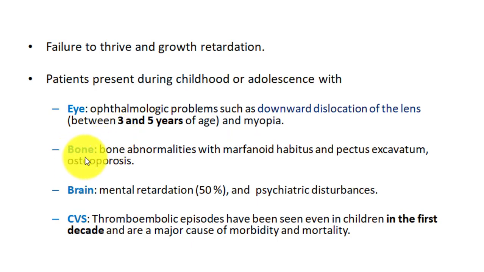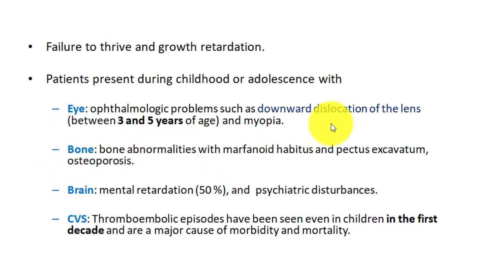In bone, there will be osteoporosis, and the patient will have a marfanoid habitus. Marfanoid habitus means the body will be long and thin, and the chest will have pectus excavatum. These findings are very similar to Marfan syndrome, and that is why it is called marfanoid habitus.